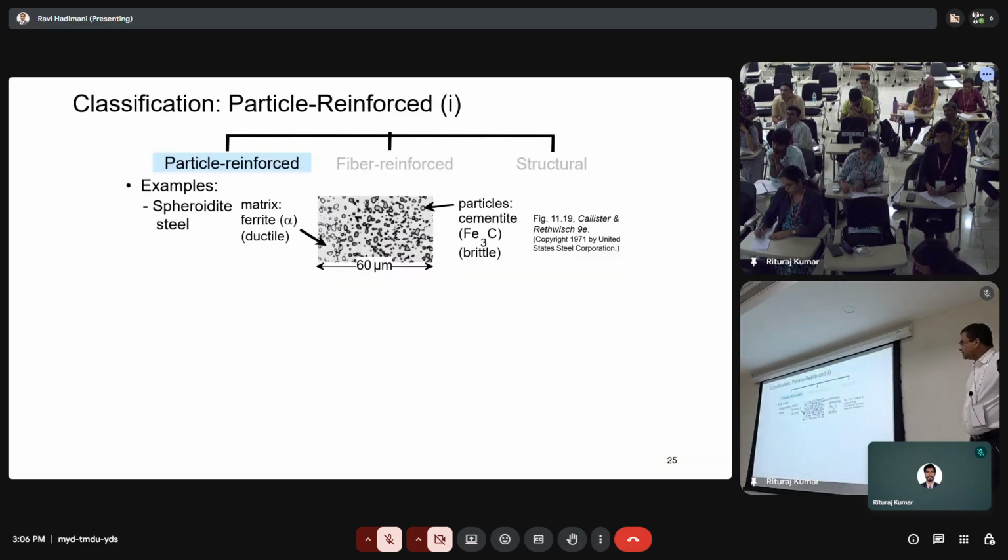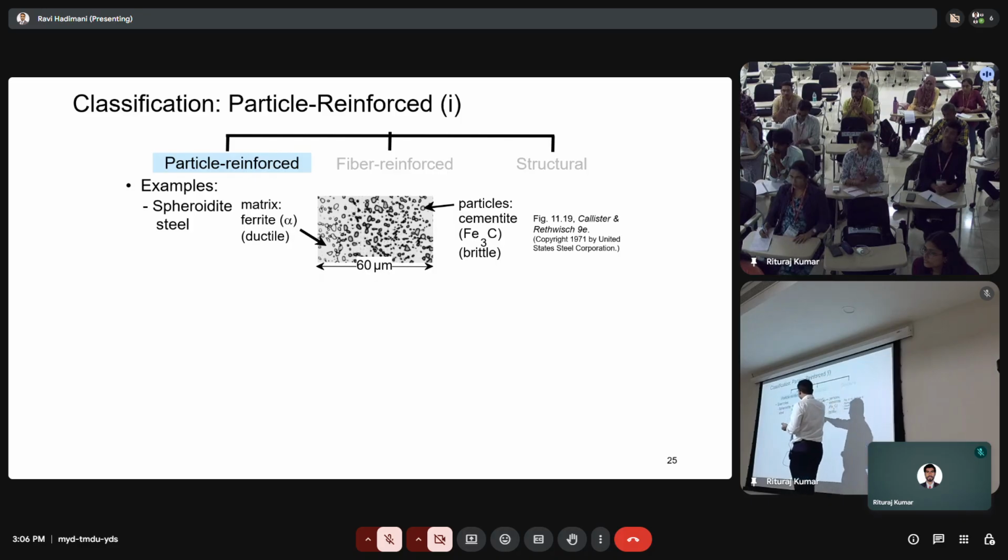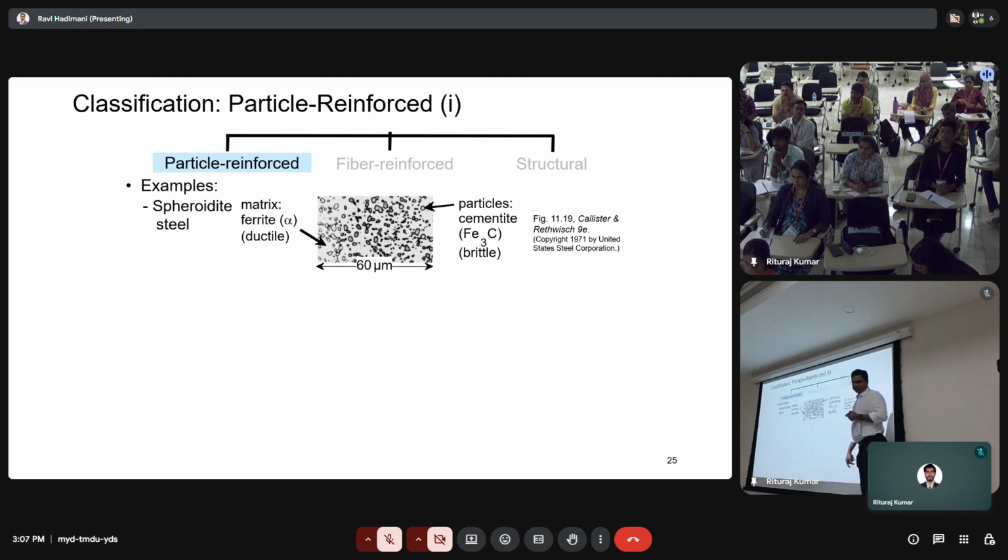We talked about that. So for particle reinforced, the most common particle reinforced composite is cement or concrete. Here, this is another, this is cementite. In this material you have ferrite embedded in cementite, Fe3C. So ferrite, that is Fe, embedded in Fe3C cementite.